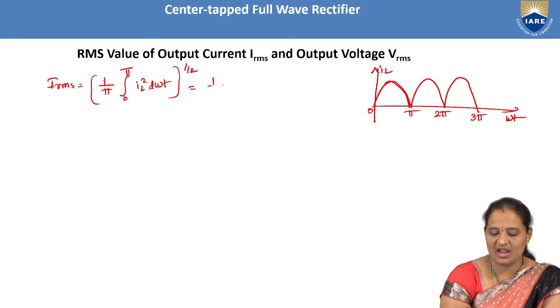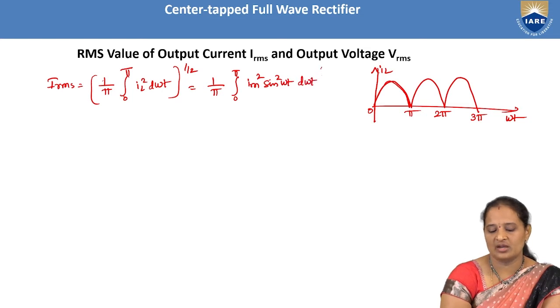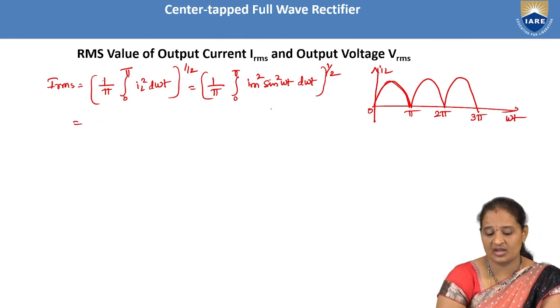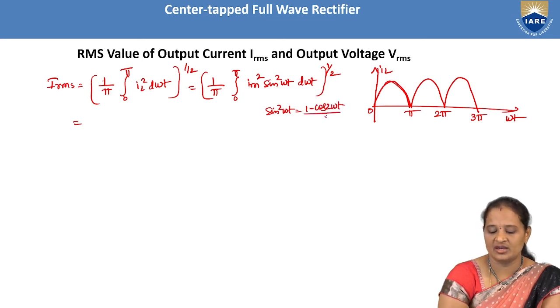Now substitute the value of IL square. That is integral 0 to pi of Im square sine square omega t d omega t, whole to the power of 1 by 2. Now we already know that sine square omega t can be written as 1 minus cos 2 omega t divided by 2. This is a formula.